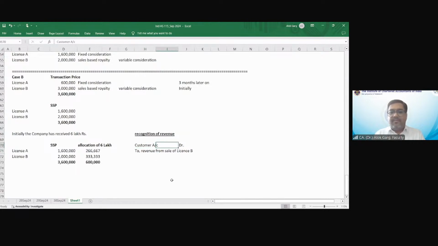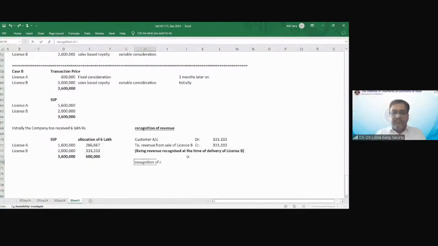License B. How much revenue is going to be recognized? Revenue being recognized at the time of delivery of license B. Royalty revenue.